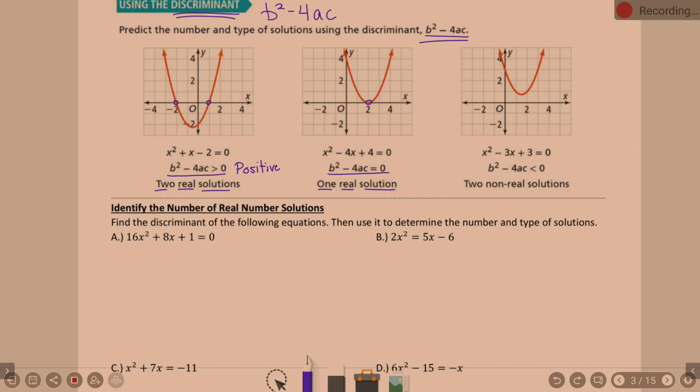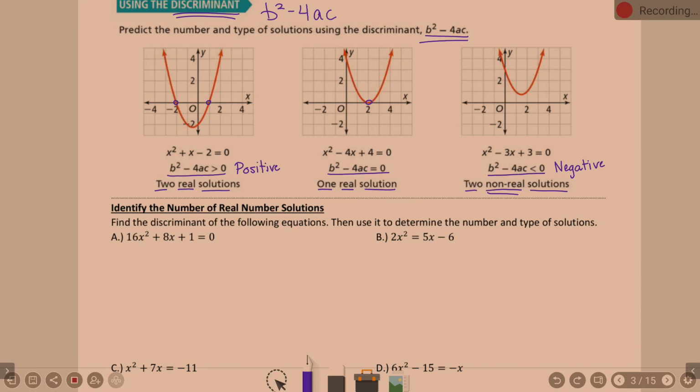And then, if b squared minus 4ac is less than 0, what do I mean when I say less than 0? Negative. If b squared minus 4ac is negative, notice how it's stated here. It says two non-real solutions, meaning two imaginary solutions.